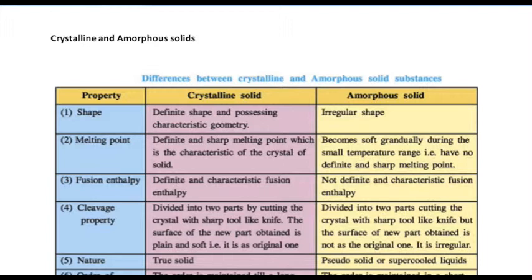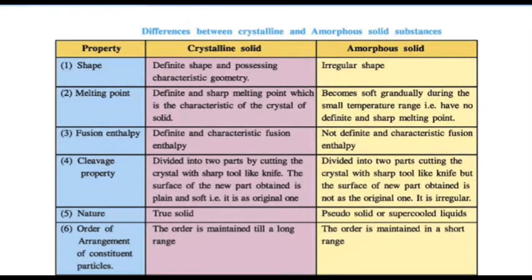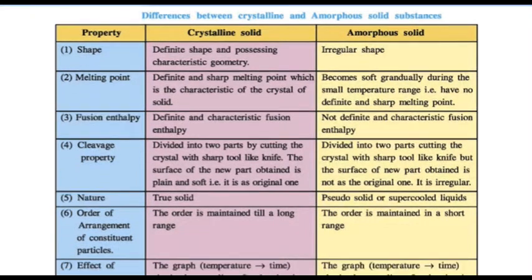Second, melting points. Crystalline solids have definite and sharp melting points, which is the characteristic of crystalline solids. On the other hand, an amorphous solid becomes soft gradually over a small temperature range, that is, it has no definite sharp melting point.